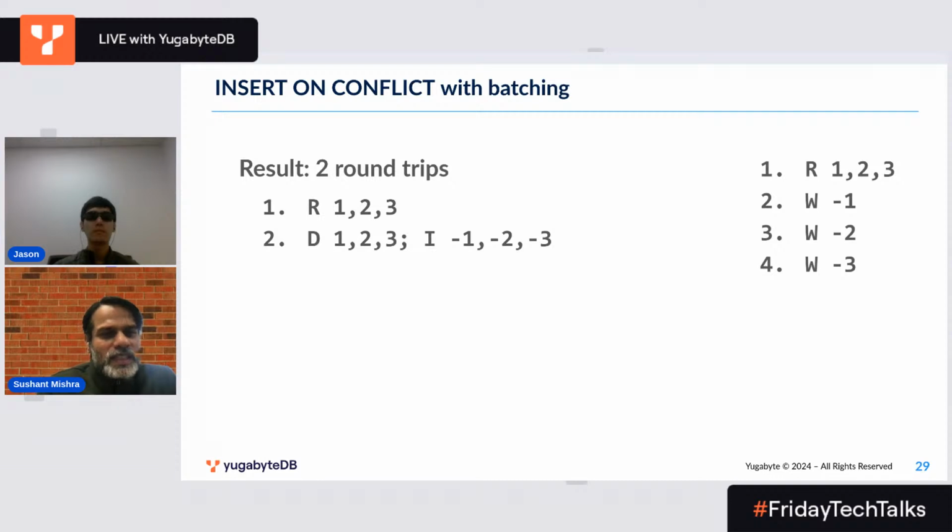And this batching on both the read path and the write path allows us to reduce the number of round trips, and that results in just 2 round trips. Exactly. Yeah, nice, this is actually pretty cool. Yeah, awesome.